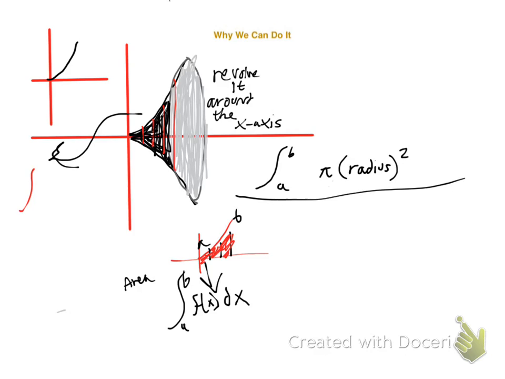If you split up the loudspeaker small enough, cylinder actually is a very good term. And so, how do you find the volume of a cylinder? The volume of a cylinder is pi r squared times h, right?